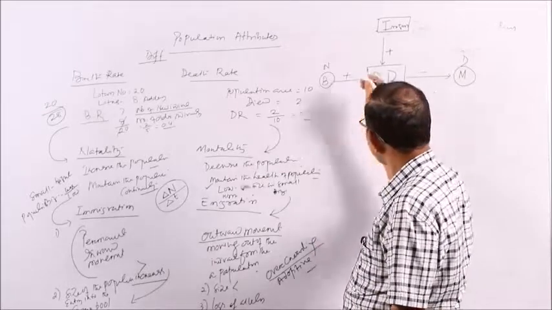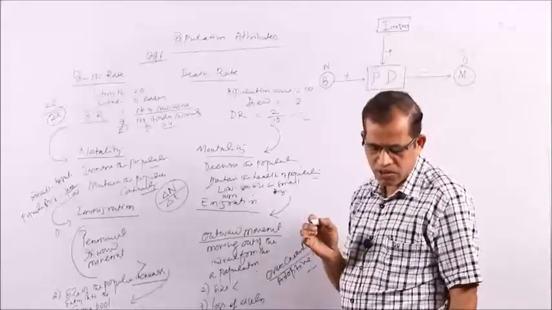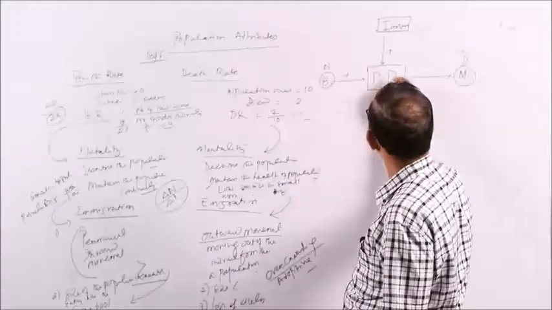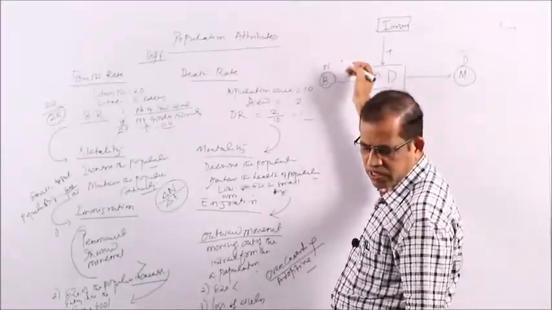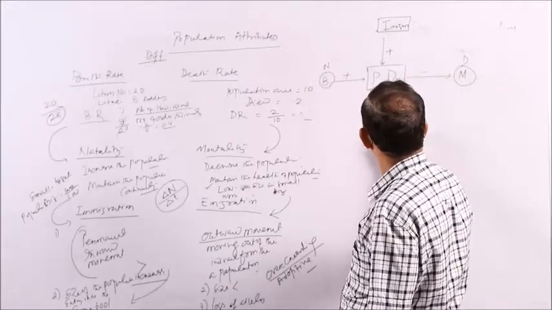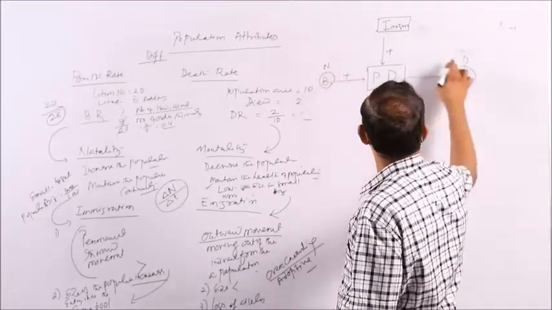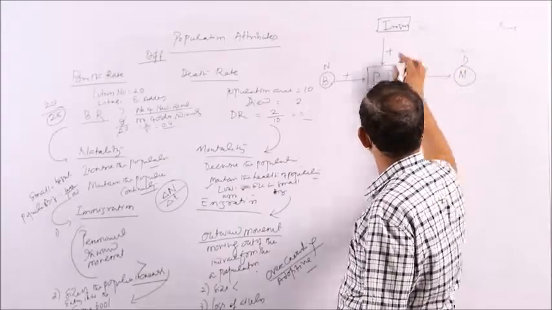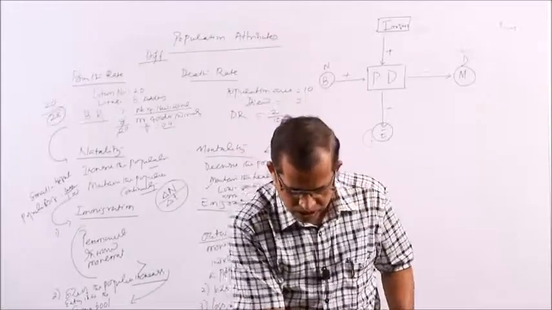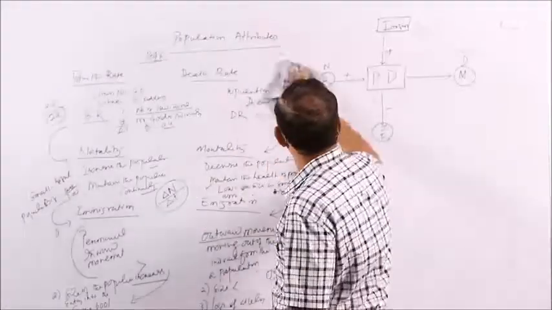So, one can ask what is the formula, it will be easy to find out how this population density is related to your birth, death rate, immigration and emigration. Now, we will move to the next part of our discussion, that is population growth.